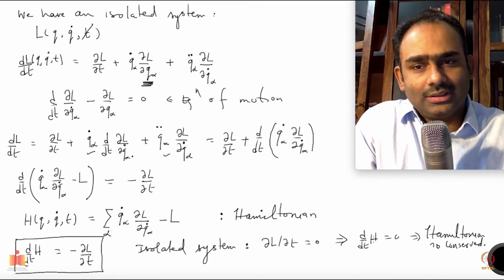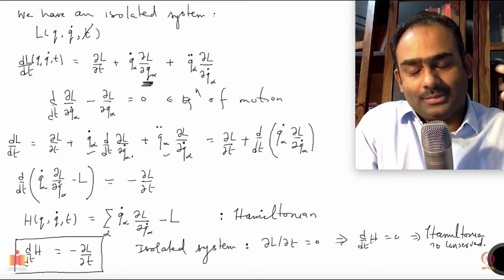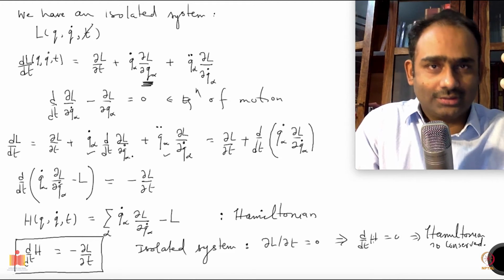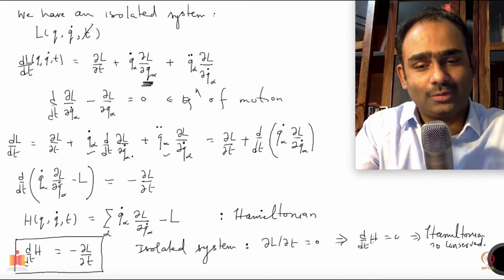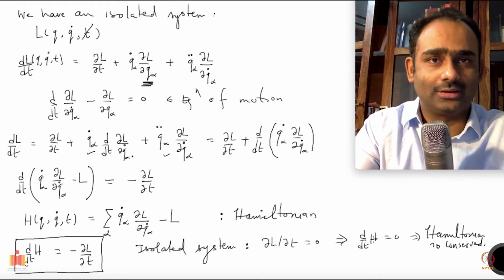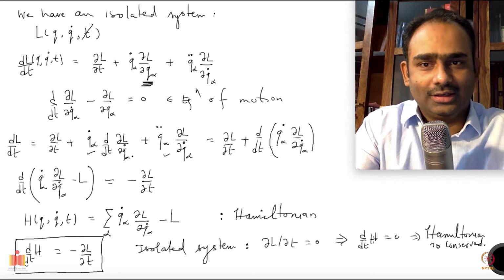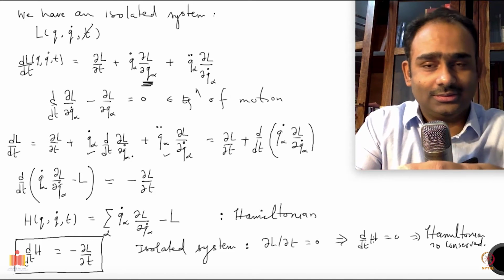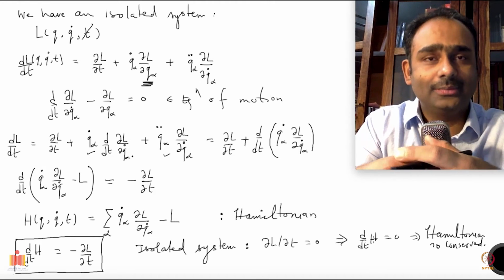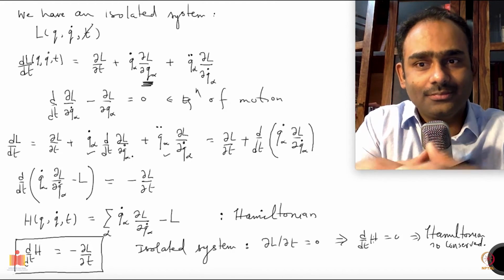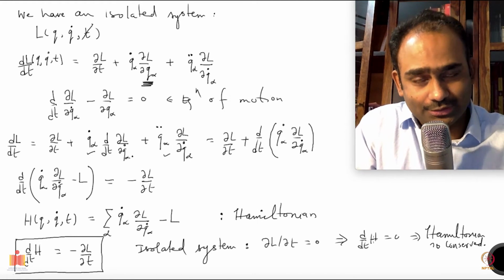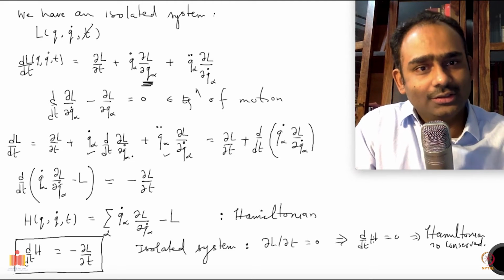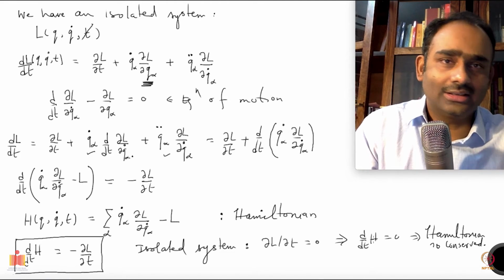Not only that, even if your system was not isolated, even if it was interacting with another system, or let's say your system was put in an external field which does not depend on time, or correspondingly its potential does not depend on time, then the Lagrangian will not depend explicitly on time, and del L over del t, the partial derivative of L with respect to time, will still be 0, and again you will have the Hamiltonian as a conserved quantity for that system.